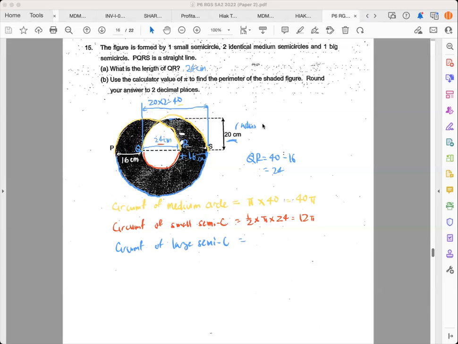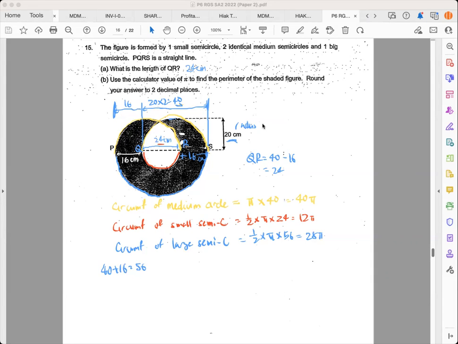So the large semicircle diameter is 40 plus 16, which gives you 56. So 56 is the diameter of the large semicircle. So it's from here to here, 40 plus 16, also 56. Okay, so half times pi times 56, which is the diameter, and you get 28 pi.